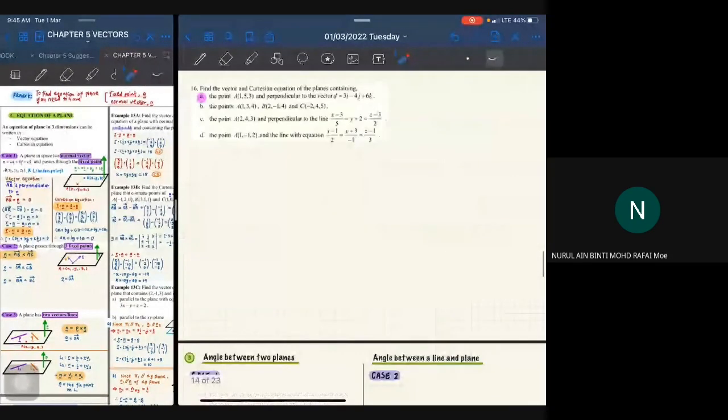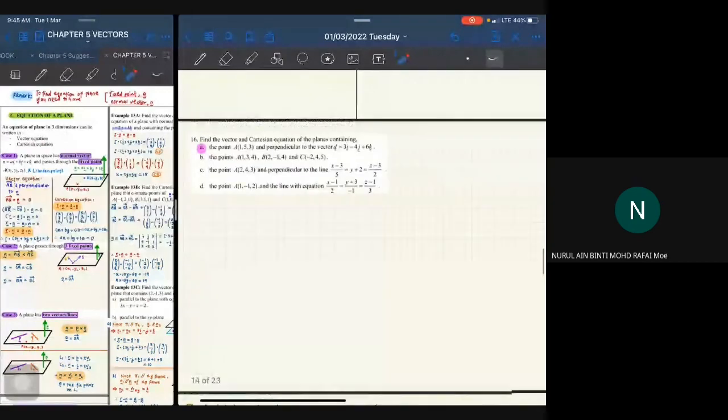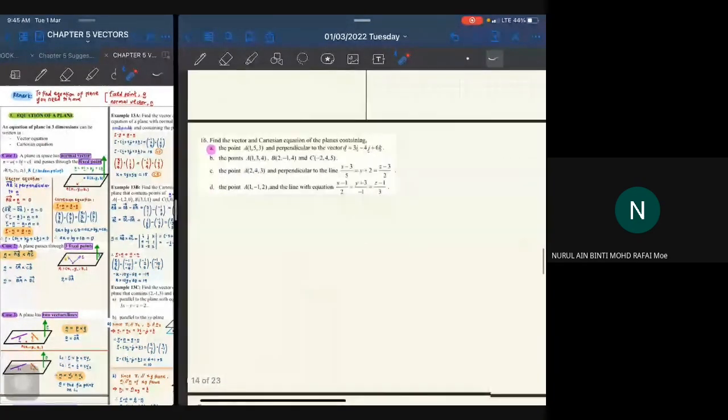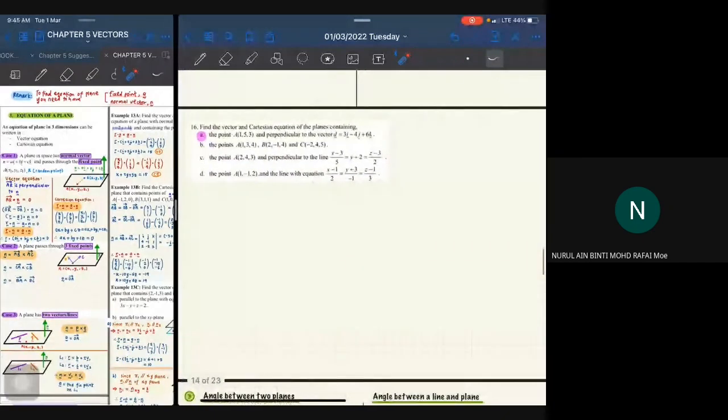Okay, so let's take a look at 16A. Nombor 16 dia minta kita find the vector and Cartesian equation of the planes containing the point and its perpendicular. Okay, so focus on part A only. Dia bagi kita satu point.